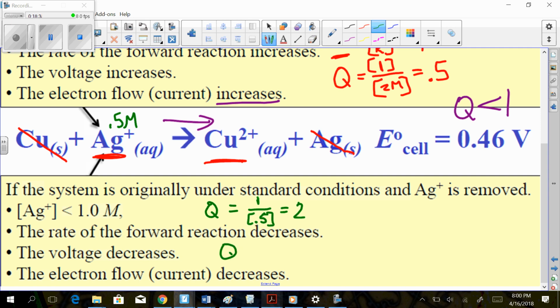If our Q is greater than 1, if it's bigger than 1, then our current decreases. It goes down. The electrons don't flow as quickly, and so our voltage decreases. We have less electrons produced in that reaction, or they're not produced as quickly as a rate, and so the voltage decreases.